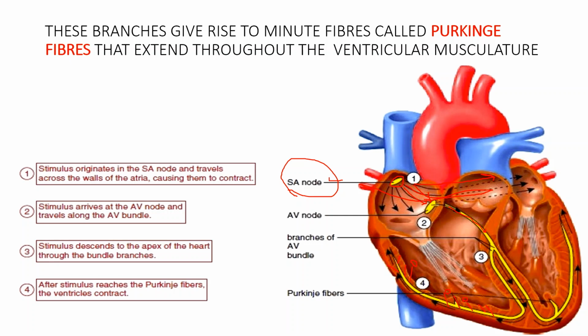Here the sinoatrial node generates action potentials without any external stimuli, hence the sinoatrial node is called the pacemaker. The AV node receives the action potentials and is considered the pace setter or relay point. If the sinoatrial node is not functioning properly, for example due to infection, an artificial pacemaker is implanted in the chest region.